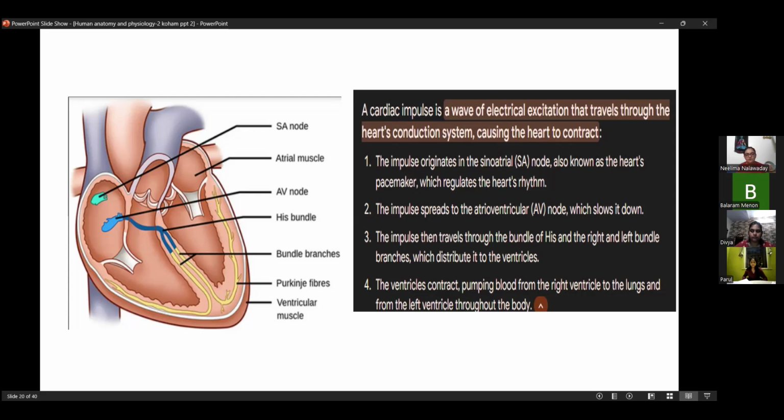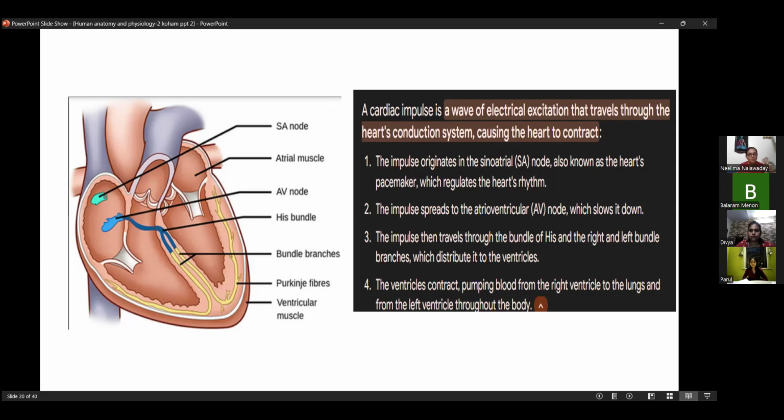It passes towards the AV node, blue colored. Then this impulse spreads all over the heart muscles. In simple words, try to understand this concept. It's very simple: forceful contraction needs some energy and force, and that energy and force is generated because of this electrical impulse.